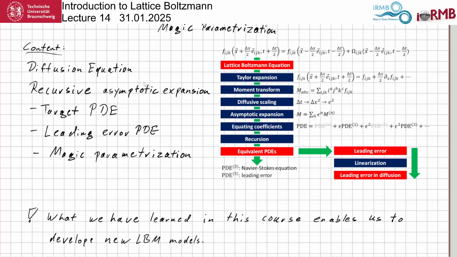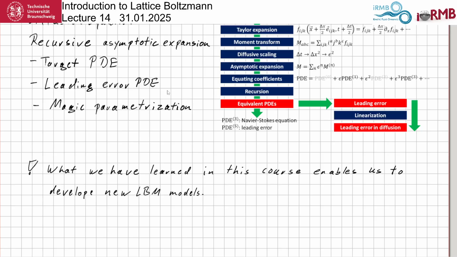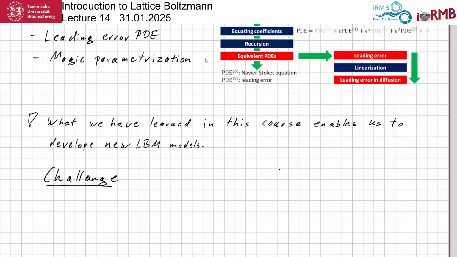So this is a little bit what we tried to achieve here, and now we give ourselves a challenge: we put a challenge to ourselves to develop a model. Yes, we do something relatively simple today.